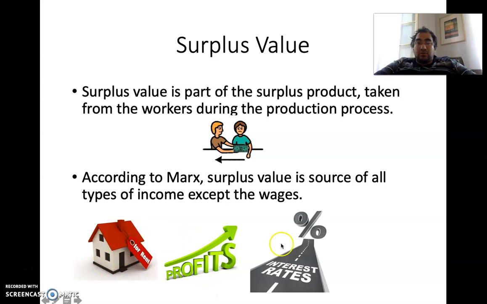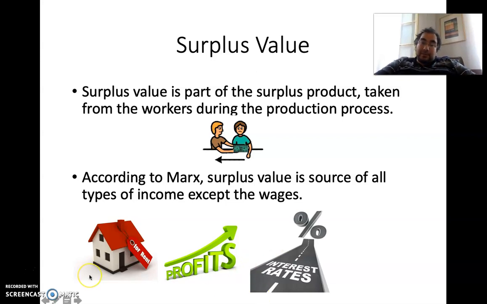So it is the source of income, except the wages. Part of surplus product may remain with the workers. Surplus value is the part of the surplus product that is taken away from the workers. And it is, as I said, the source of all income except wages.